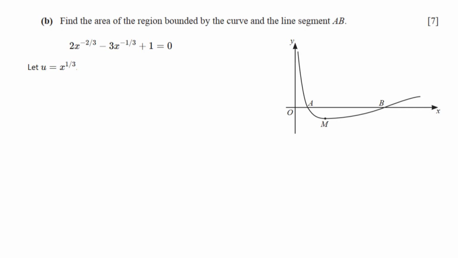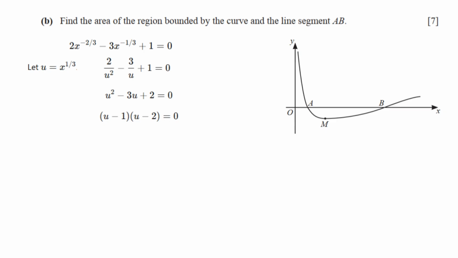Substitute this, so we get 2u power negative 2, that is 2 divided by u square, minus 3 times u power negative 1, which is nothing but negative 3 over u, plus 1 is equal to 0. Multiply by u square, so we get 2 minus 3u plus u square equal to 0. Factorizing this gives u minus 1 times u minus 2 is equal to 0. So the value of u is 1 and 2.